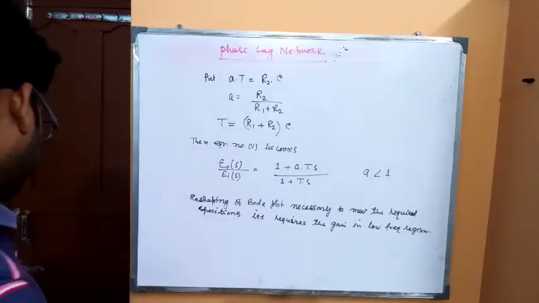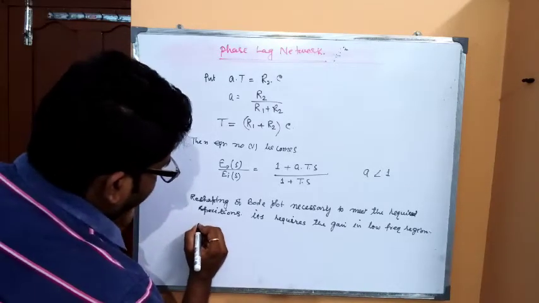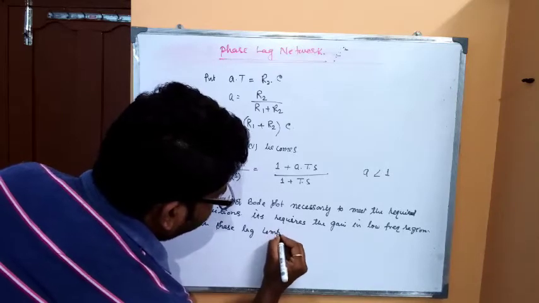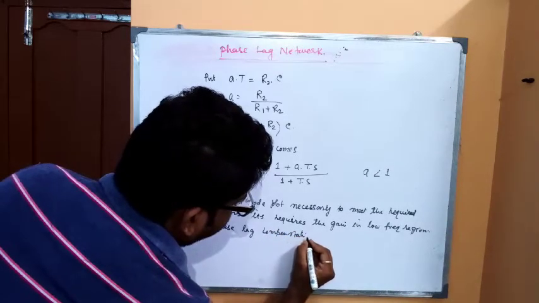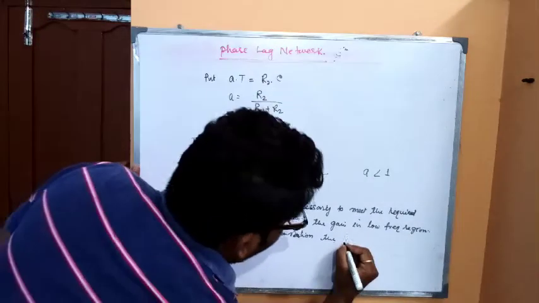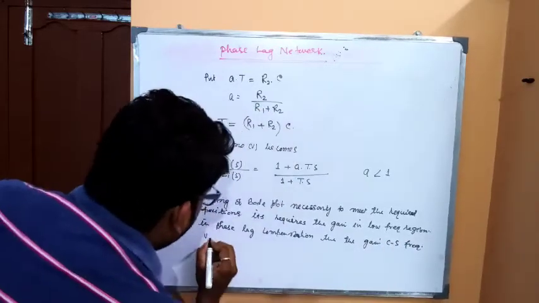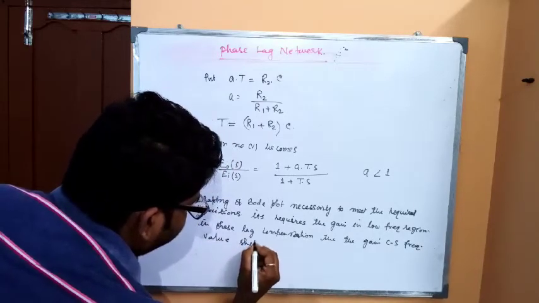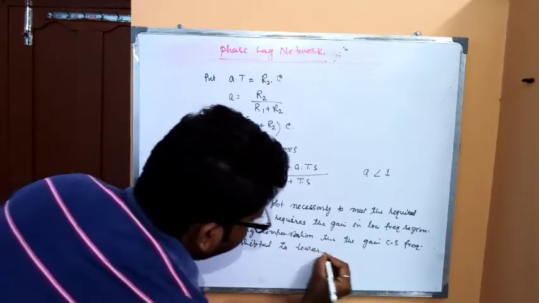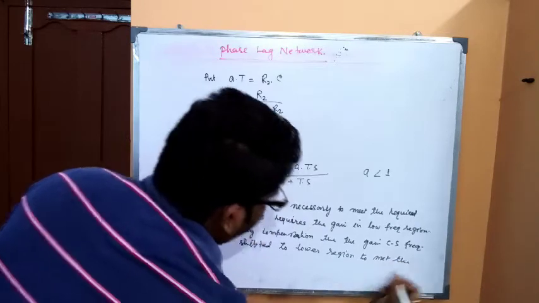So in phase lag compensation, the gain crossover frequency value is shifted to a lower region to meet the phase margin requirement.